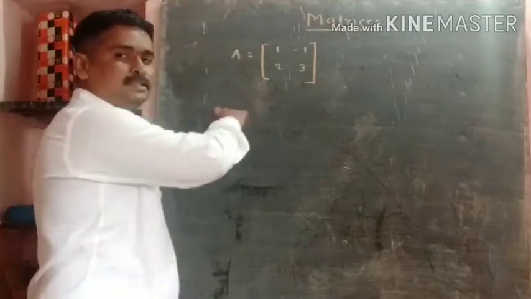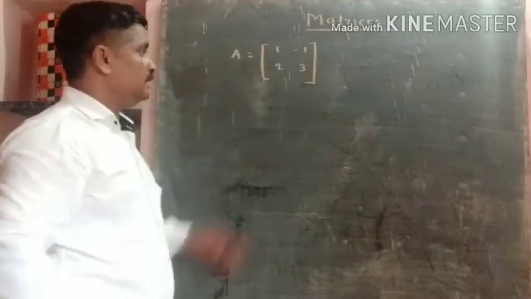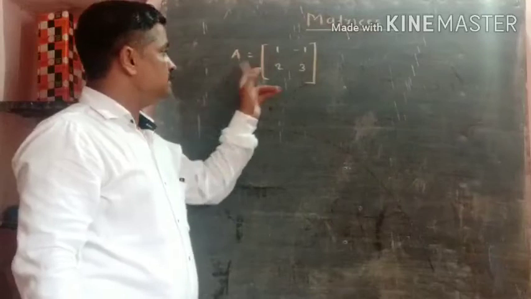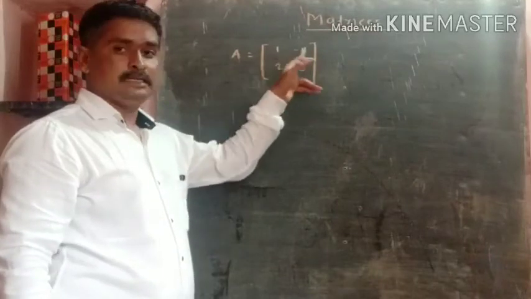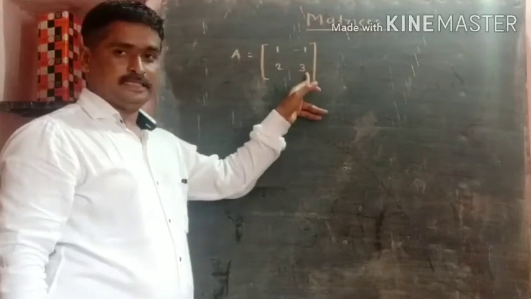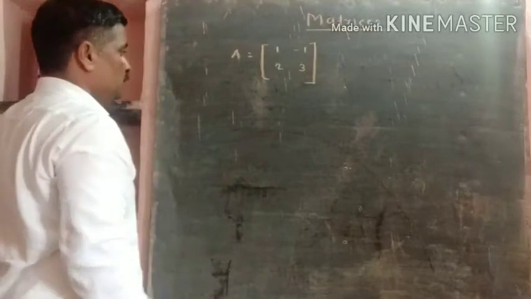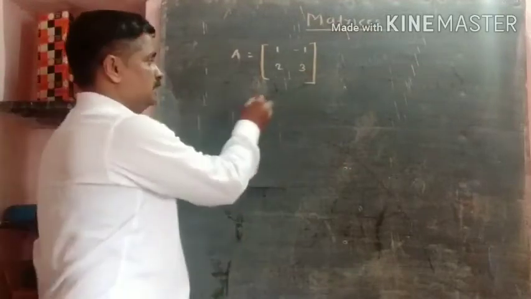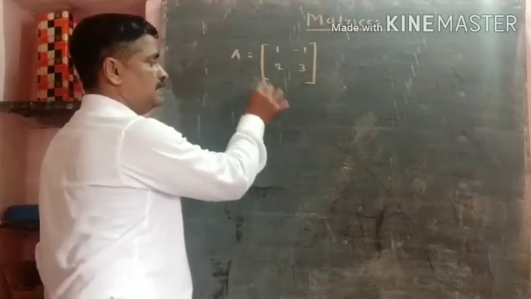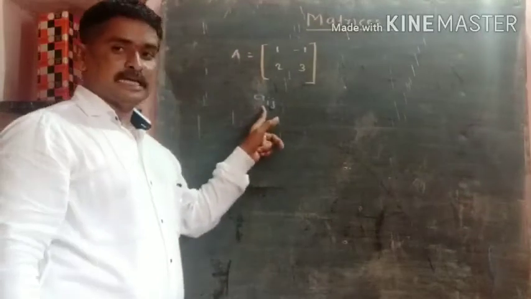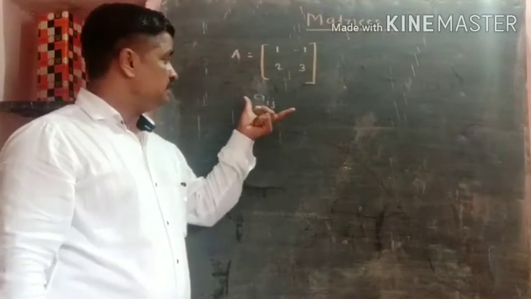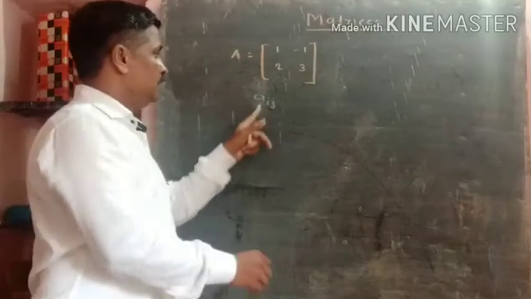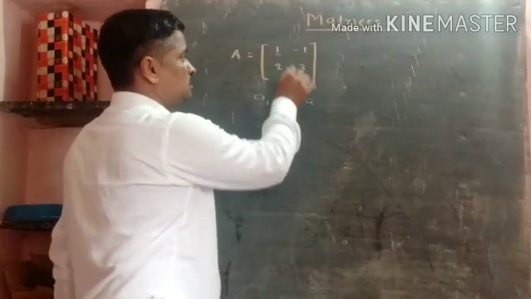So consider this example, that is A as the given matrix, with elements 1, minus 1, 2 and 3. We know the position of each number is denoted by A suffix ij. Consider one number in the first row and first column.